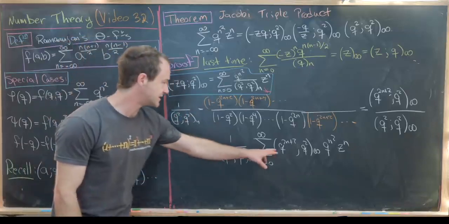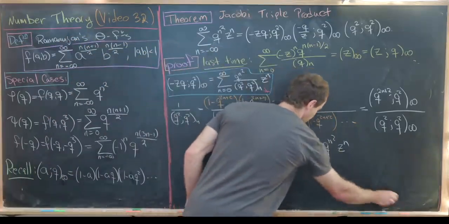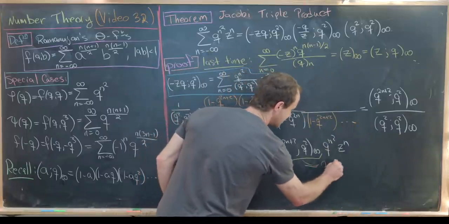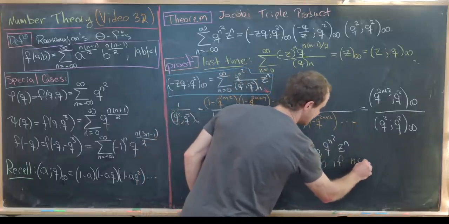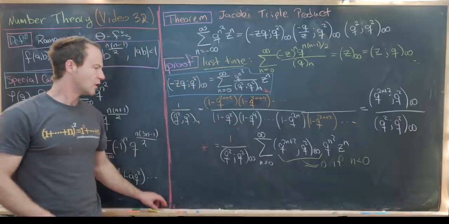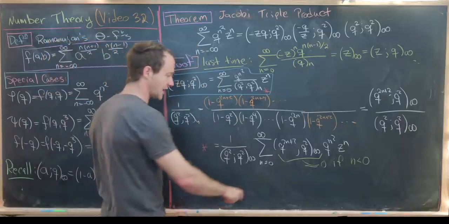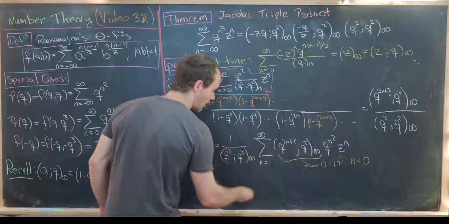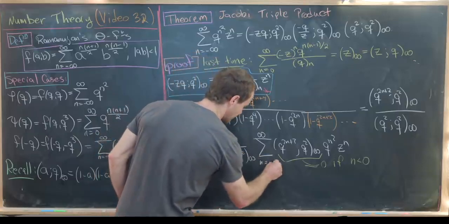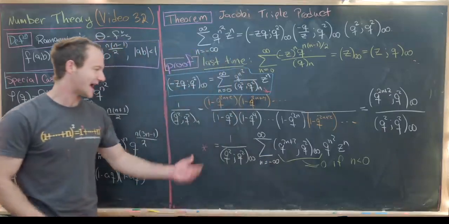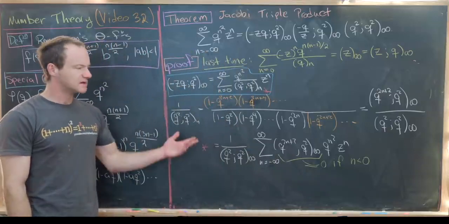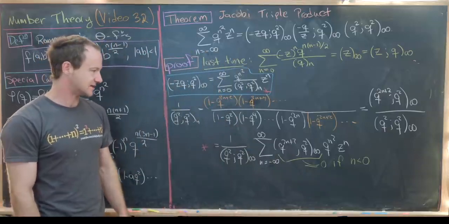Now next up, I'll notice that this object right here is equal to 0 if n is less than 0. We'll do a little proof of that right here, but the takeaway is that we can add in all of the negative integer terms with no problem because we're just adding a bunch of zeros. Let's maybe check that that makes sense.